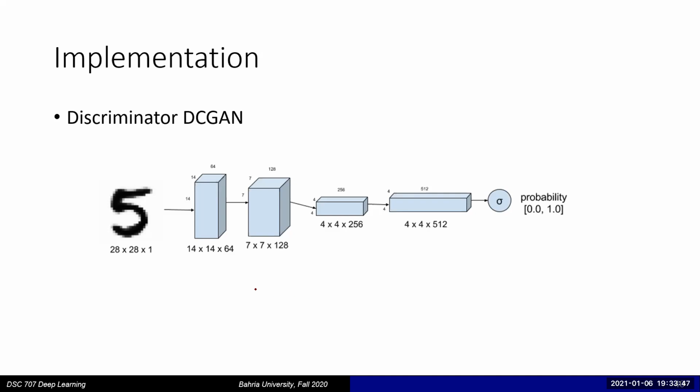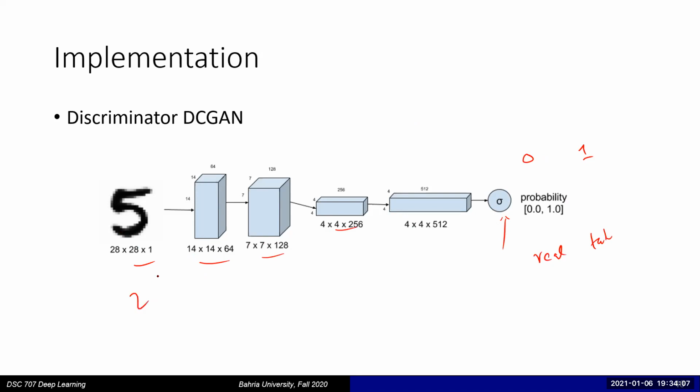When you talk of the discriminator, it is a typical convolutional neural network which accepts an input, you apply convolution and pooling, and eventually at the end, you have a sigmoid. Because we are not trying to recognize the digit, the label is 0 or 1, whether it is real or fake.